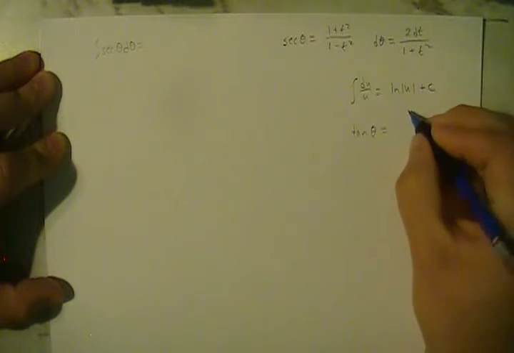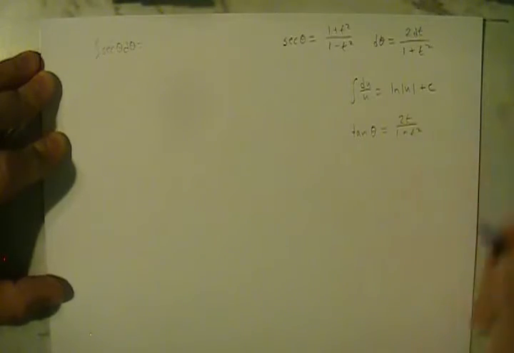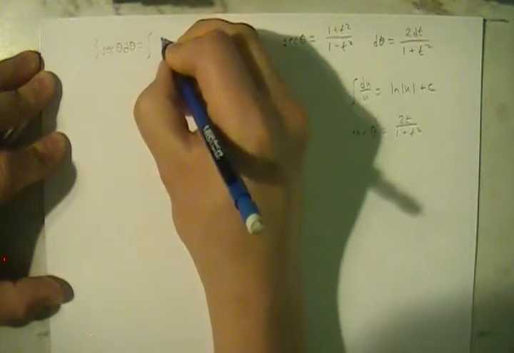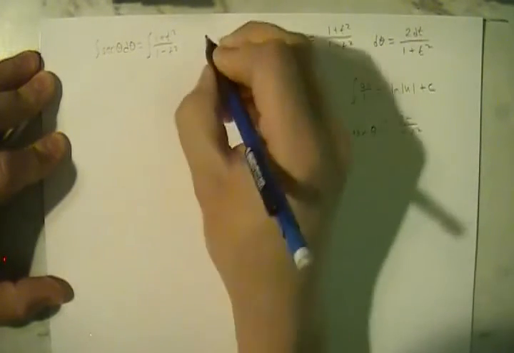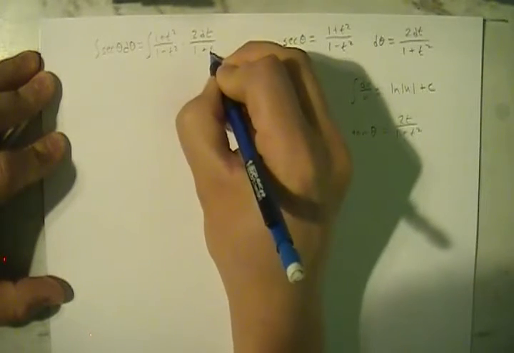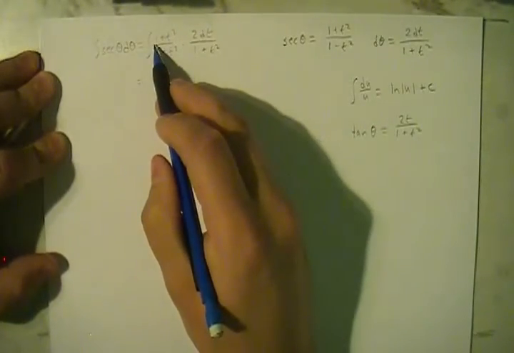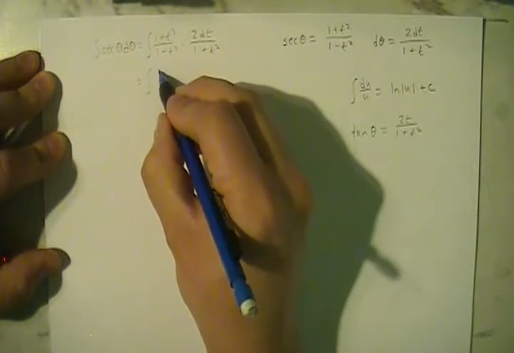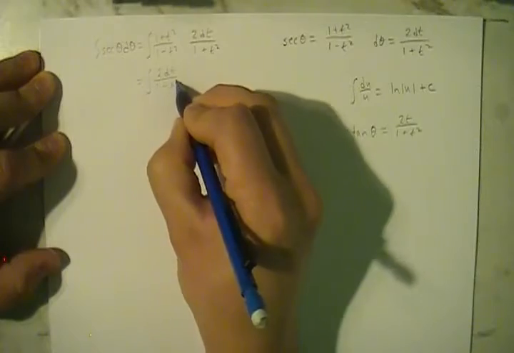Tangent of theta is equal to 2t divided by 1 plus t squared. Alright, so automatically we can see we can divide out a 1 plus t squared term here, and we're left with the integral of 2 dt divided by 1 minus t squared.